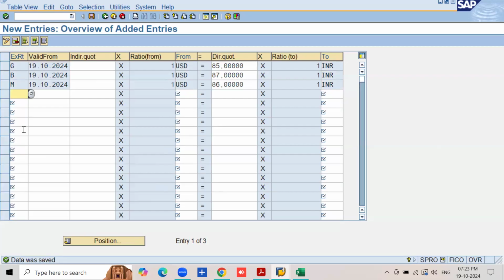Exchange rate types, translation ratios, and the exchange rates are defined at client level.